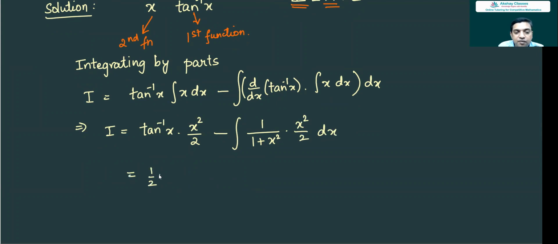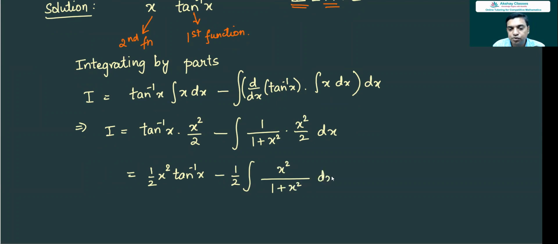So we have half x square tan inverse x minus half integral. Now we have this x square upon 1 plus x square. How to solve this one?